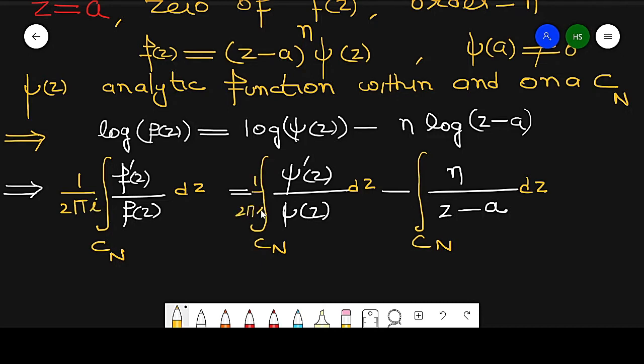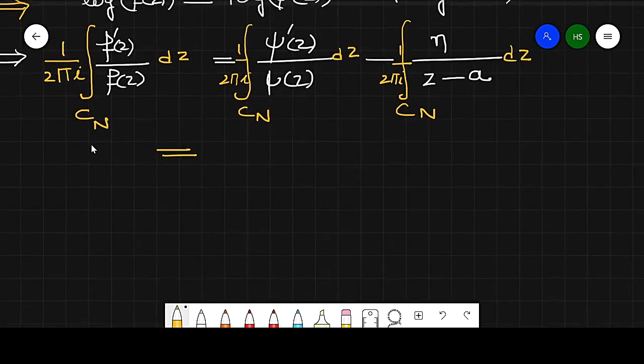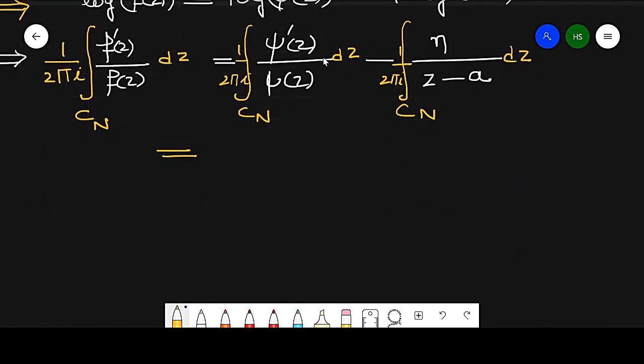Again, psi(z) is an analytic function inside Cn, so by the Cauchy-Goursat theorem this integration is 0. Now here we have minus 1 over 2 pi iota, into n.